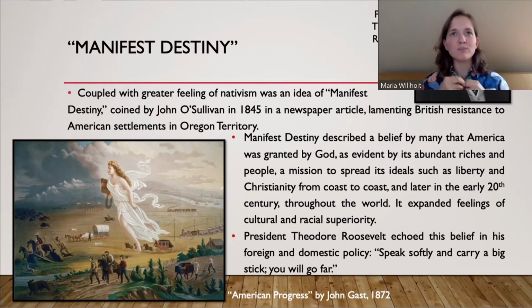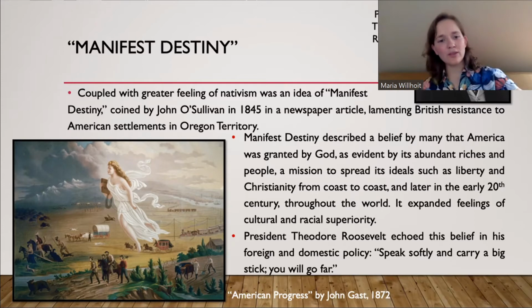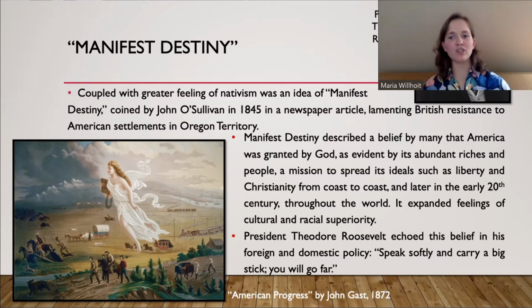And there was this belief that America needed to carry out its ideas, its religion, predominantly Christianity. It needed to spread this ideology from the East Coast to the West Coast. It had a mission from God almost to spread its ideas.